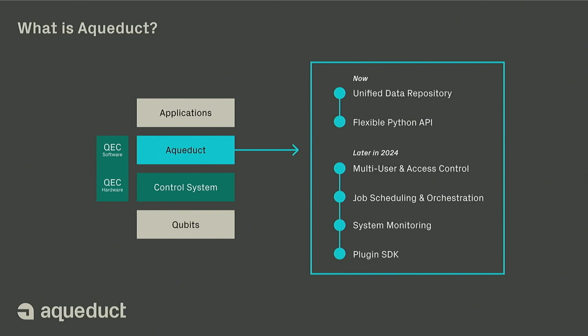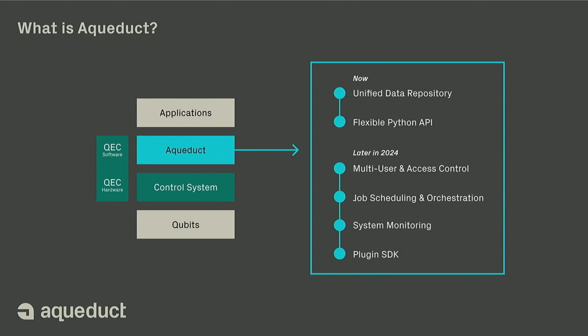Aqueduct is a pure software framework. It's written like a web app with very open plugin capabilities. You would just install it on your lab PC and use it, right? It allows other high-level applications to run on top of it.